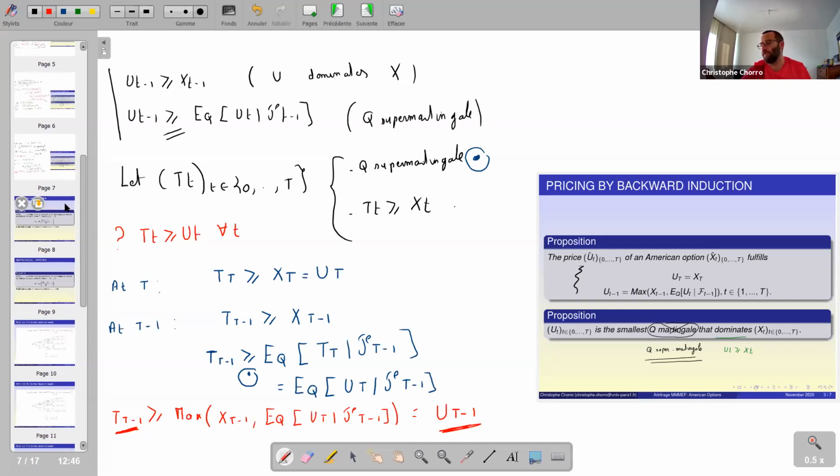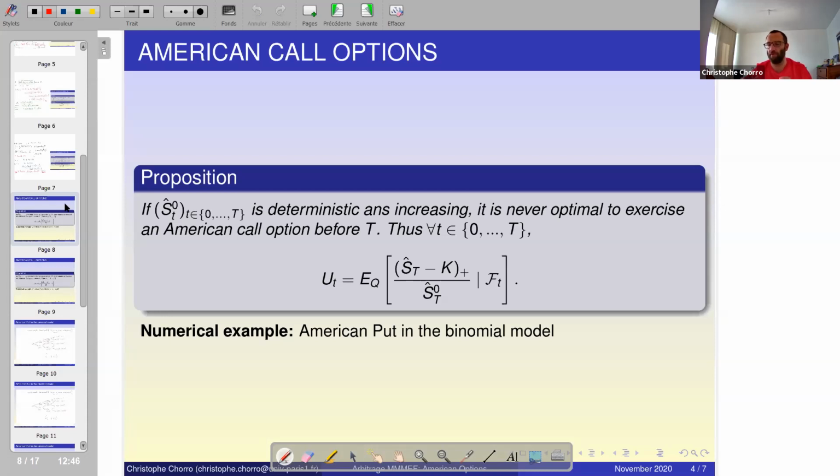Before we see my numerical example, I want to show you a result that you probably know, because it is something that we can prove without mathematics, just using the absence of arbitrage opportunities.